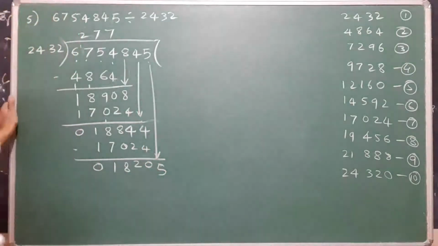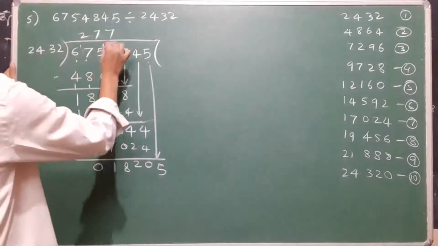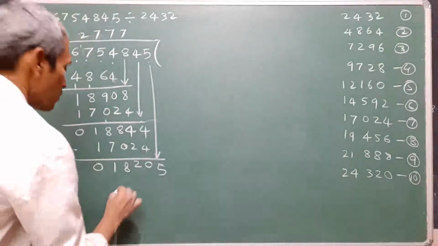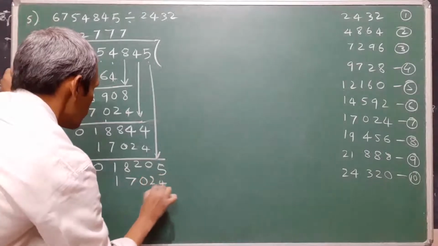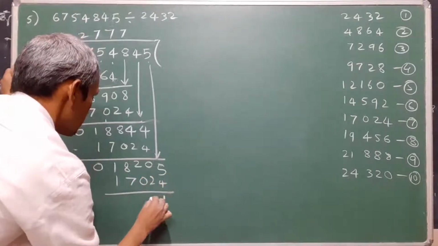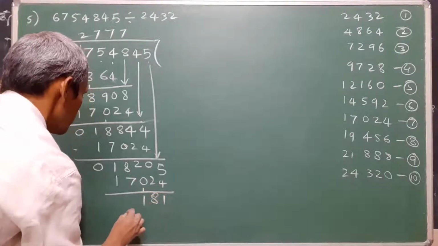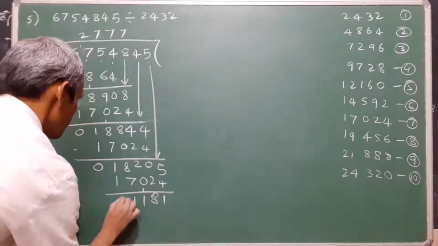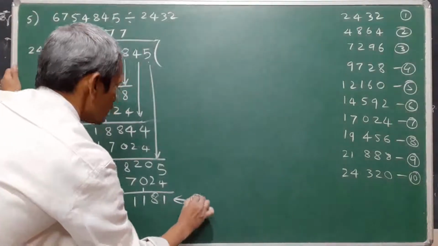It becomes 18205. Once again we will take 7s are 2432 7s are 17024. Subtract: 8, 1, 1, 0. This is remainder.